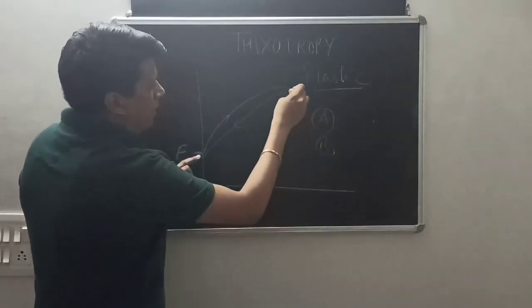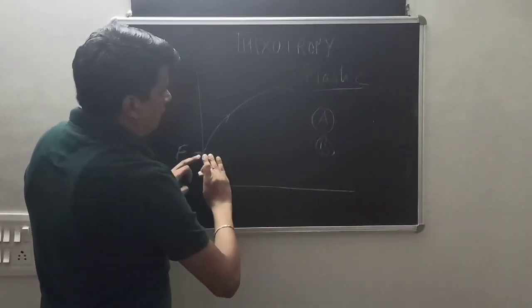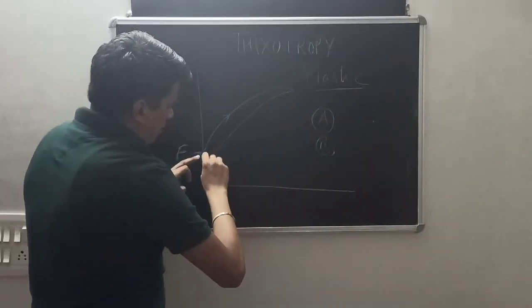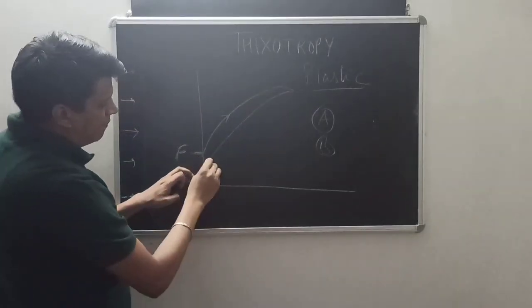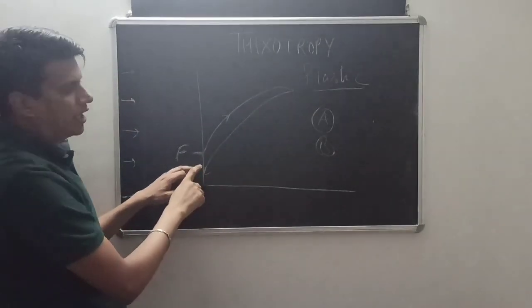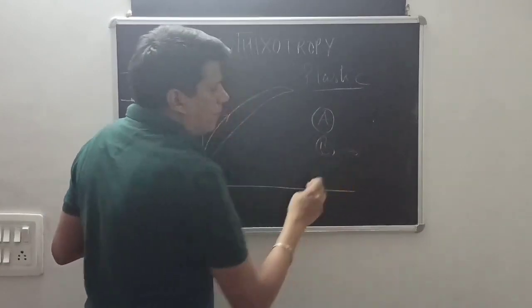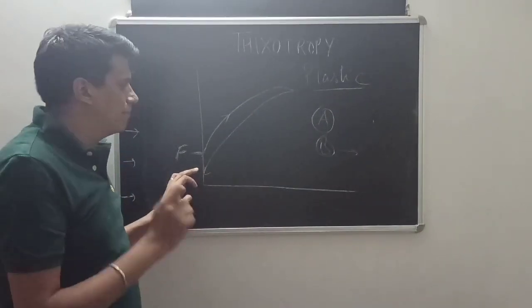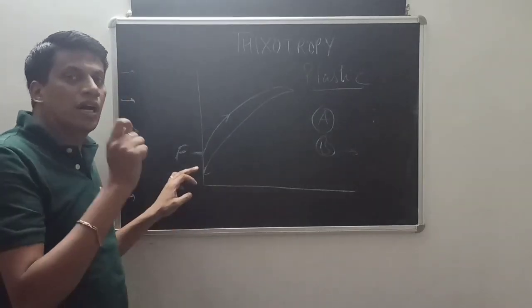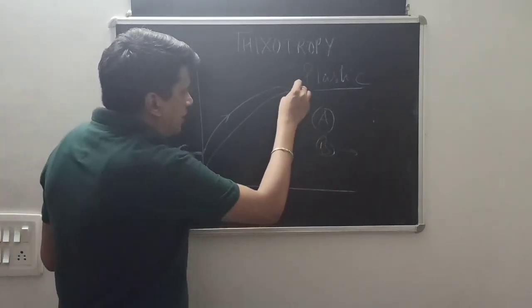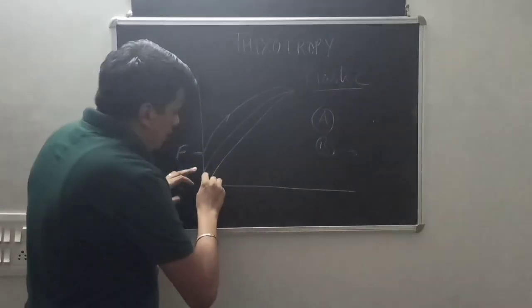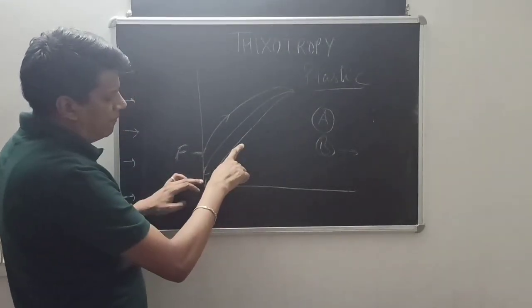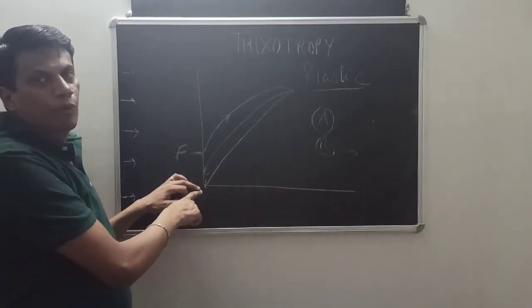The B case can be the down curve is lower than the up curve, but yield value is decreased. This type of materials are called false plastic materials. Now there is a third category also, when the down curve is less than the up curve, but it starts from the point of origin.